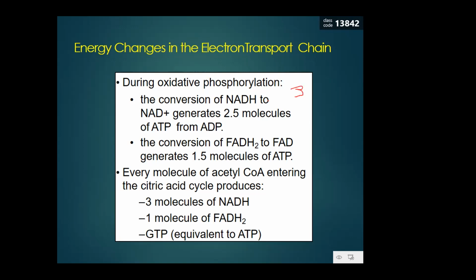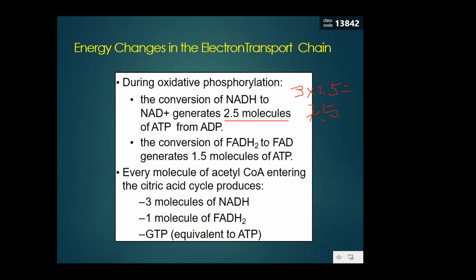From the 3 NADH, magpoproduce siya ng ilan? 2.5 ATP. So 3 times 2.5, that is 7.5. Okay, therefore, magpoproduce ka ng 7.5 to be exact.